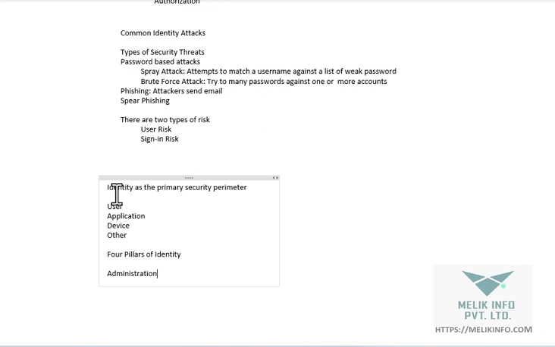We have authentication, we have authorization, and we have auditing. Authentication is like verifying your identity.